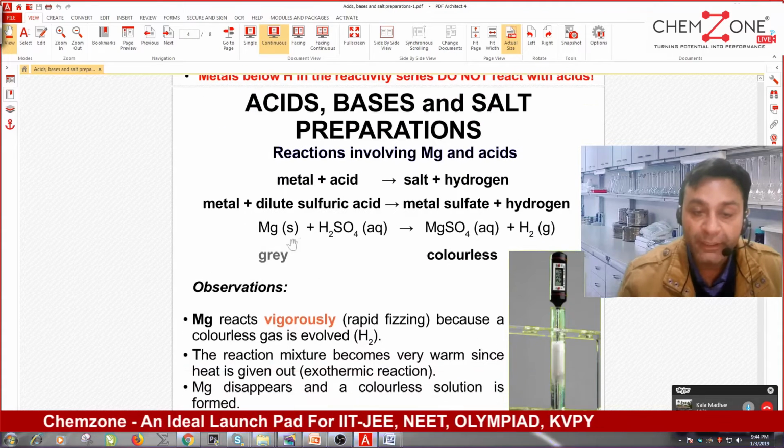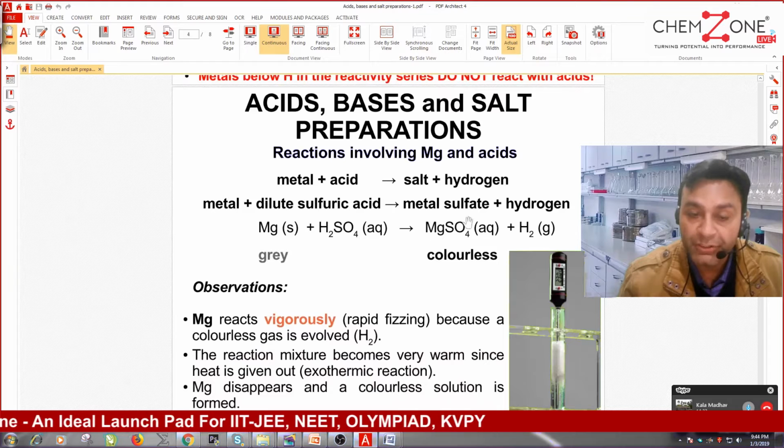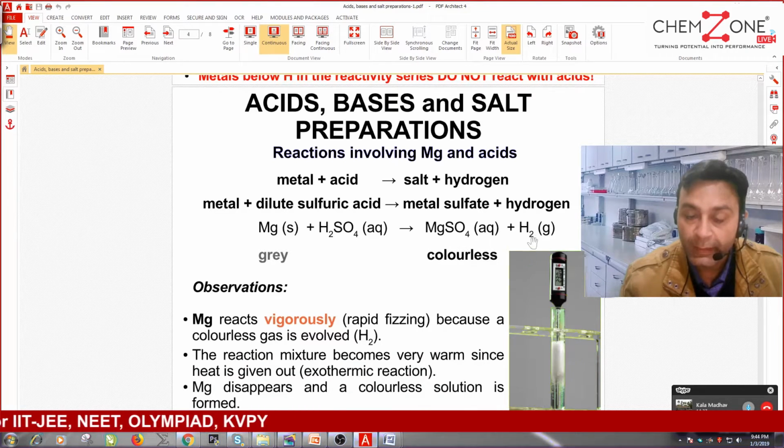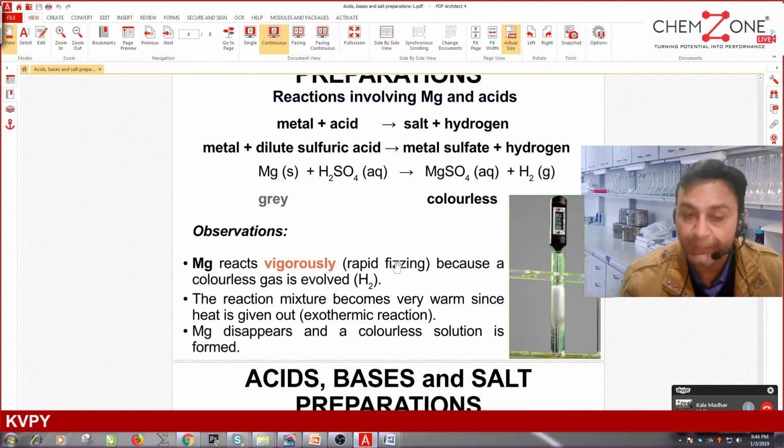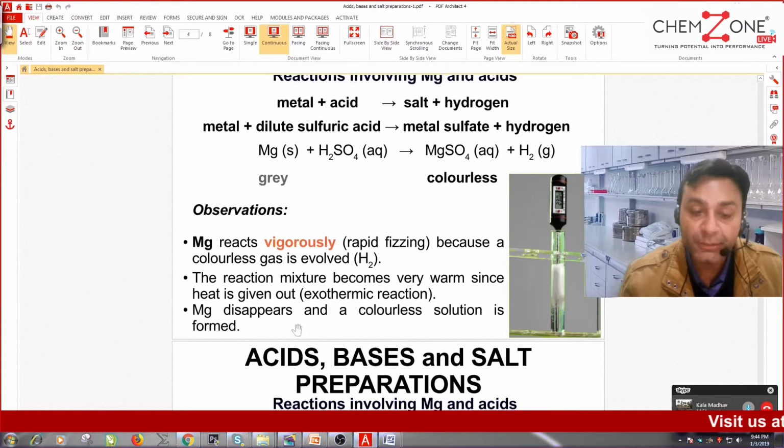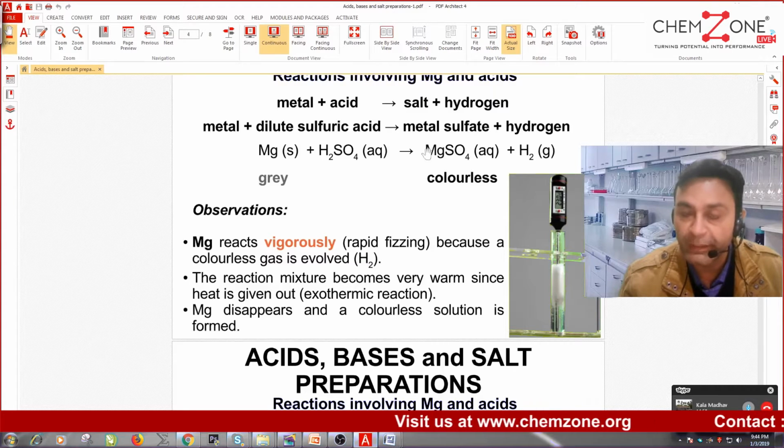Now see, magnesium with sulfuric acid forms magnesium sulfate and hydrogen gas. As the hydrogen gas comes out, there is rapid fizzing. The reaction mixture becomes warm, and we say the reaction is exothermic. Magnesium disappears, and a colorless solution is formed. That is magnesium sulfate.